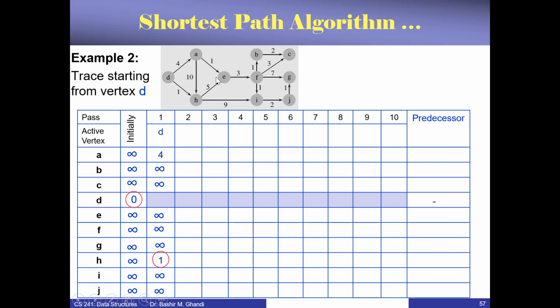We can reach E and I. Now remember, H cost you 1. So E through H will cost you 1 plus 5, which is 6. And also this will cost you 10, 1 plus 9 to reach I. E is at present infinity, and 6 is better than infinity, so we're going to change this one.